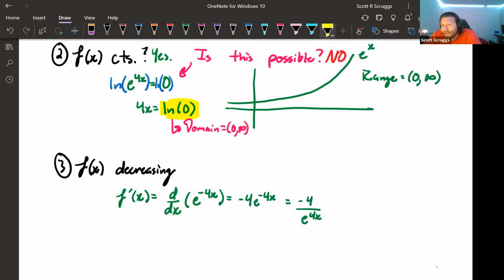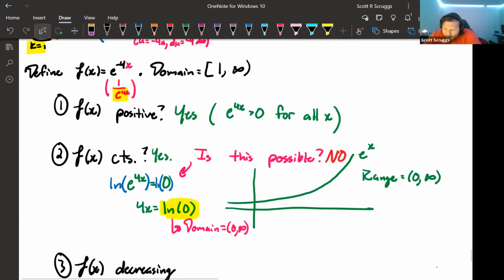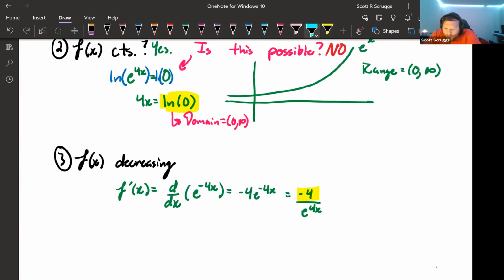And so let's check if that is negative. Numerator is going to be a negative number always because it's negative 4. Well, you just stated here that I have an exponential function which will always be positive. So my denominator is always going to be positive.